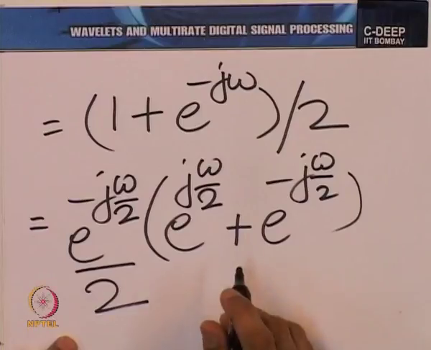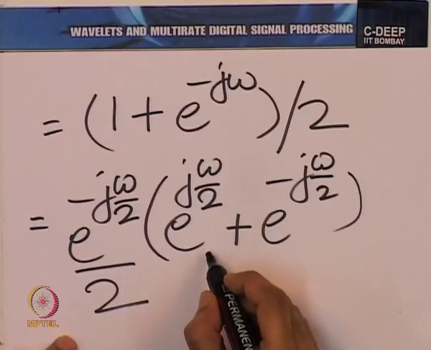We can take an e raised to the power minus j omega by 2 common here, and then put e raised to the power j omega by 2 plus e raised to the power minus j omega by 2 inside the bracket, and leave the half factor as it is. So, this is what we have here.